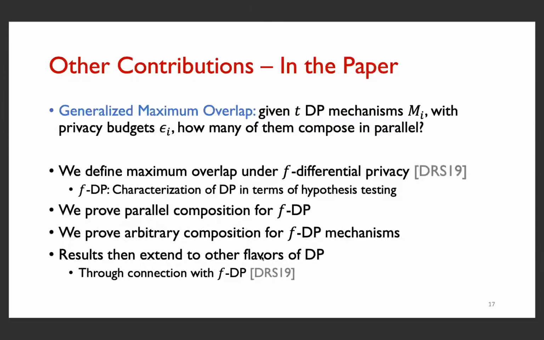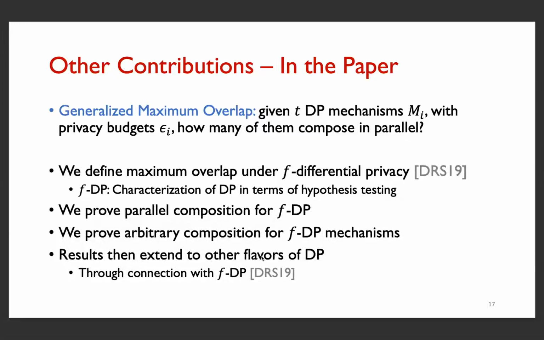There are other contributions in our paper. One of them is that instead of simply defining maximum overlap as a fixed mechanism and t different queries, we can define it as the composition of t different DP mechanisms and see if they compose in parallel. In order to define this, we use the notion of f-differential privacy, which is a recent notion of differential privacy characterized in terms of hypothesis testing.